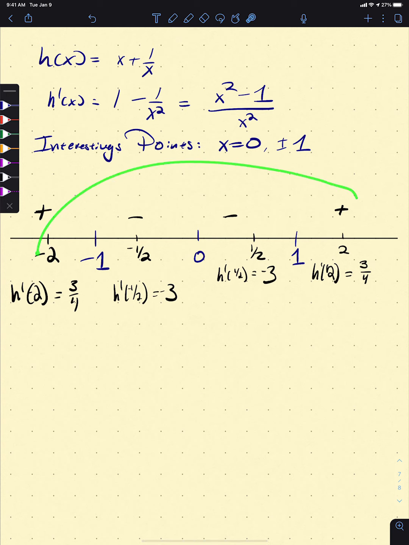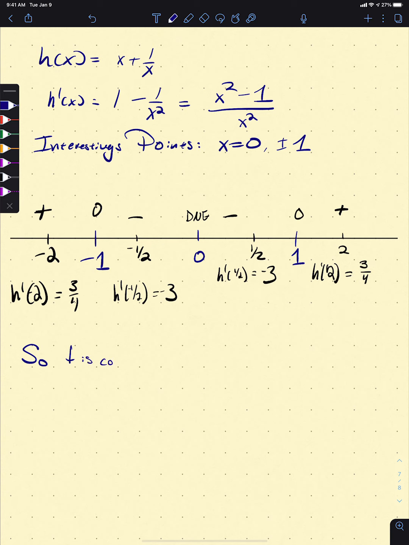And here, just like that, with this little number line, we've got our intervals. Before I write those down, I'll remind us we have 0, and it does not exist there. And we can write down our conclusions.